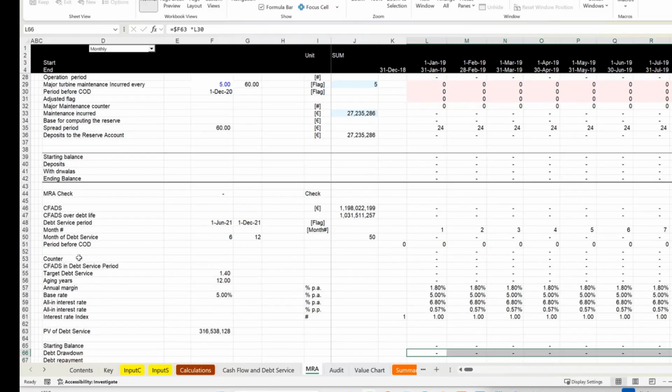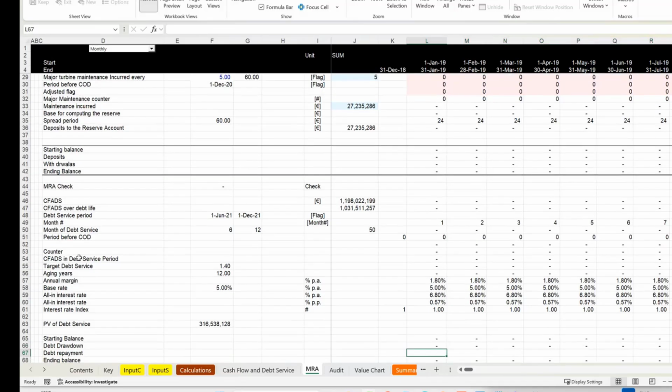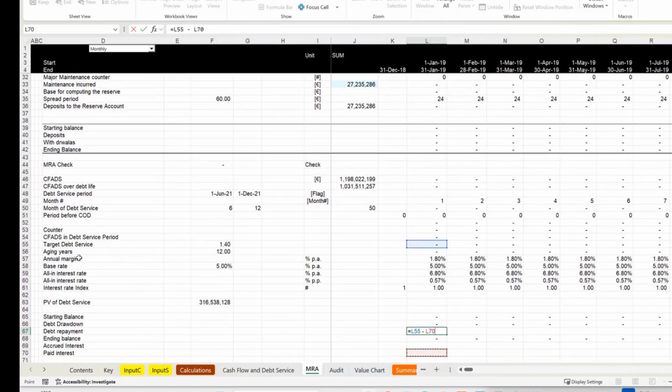And then go down and make the debt repayment, the debt service, which is the debt service in the target debt service, which was adjusted for our 6-month period, and subtract not the accrued interest, the paid interest, the next one.